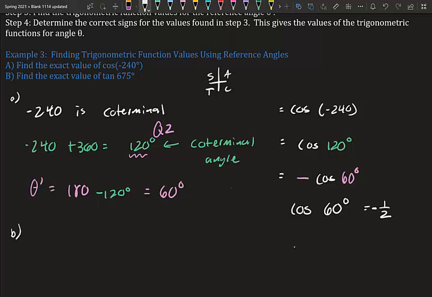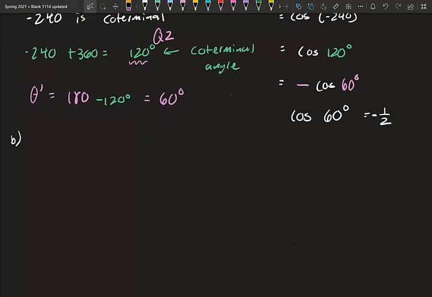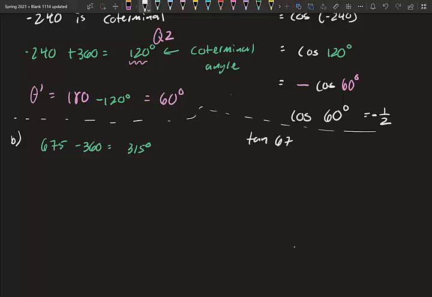Alright, B, find the exact value of tangent 675. So, obviously that's coterminal, so we need to find our coterminal angle. So we do 675 minus 360, and we get 315. Sweet. So tangent 675, we found out that it's the same thing as tangent 315.